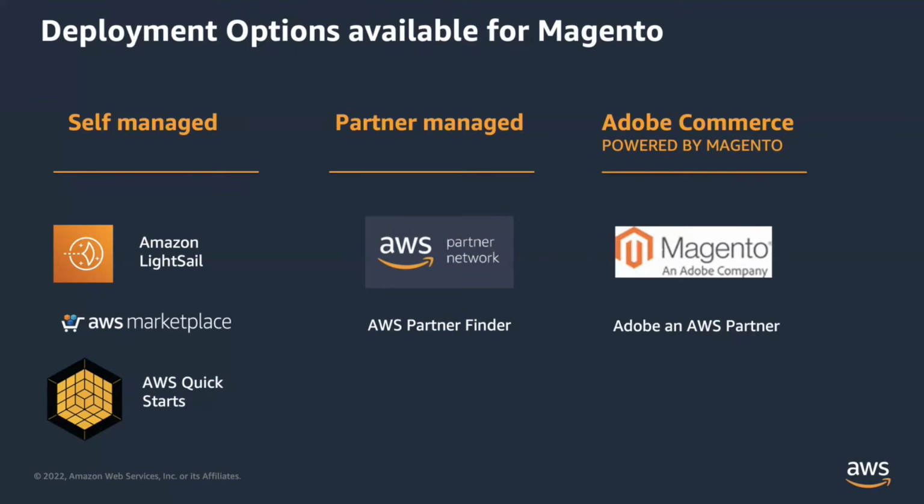So then partner managed. The AWS Partner Finder is a web page where we let customers look for different partners depending on where they are located and what kind of needs they have. So we'll look into that in a little more detail later on. And then with Adobe Commerce, or rather Adobe, they give two offerings.